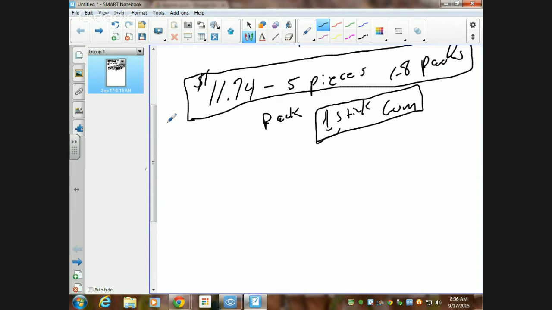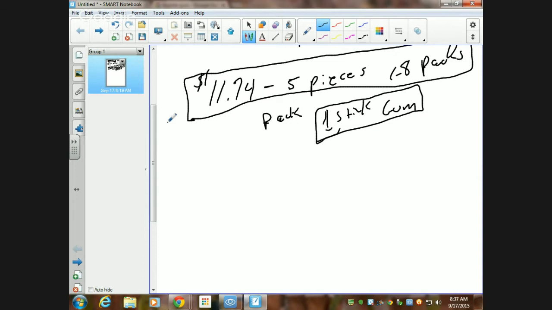What we got here, guys? $2.34 per piece. For a stick of gum? How many sticks of gum did you buy? You bought one stick of gum? You bought five sticks of gum? No, one stick of gum. You bought packs of 5, right?